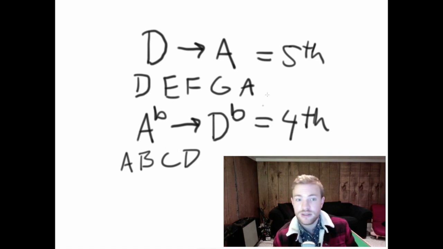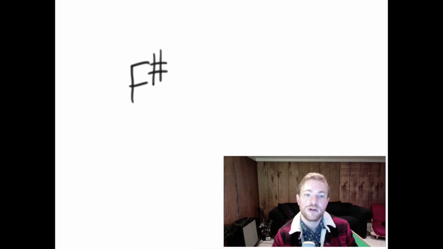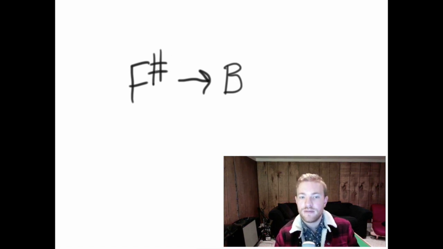Okay? So you can do this with any interval, any sequence of letters, and in fact, let's just do one more for good measure. So here we have F sharp, why not? Let's put another accidental in there, up to B. So F sharp up to B, ignore the sharp.